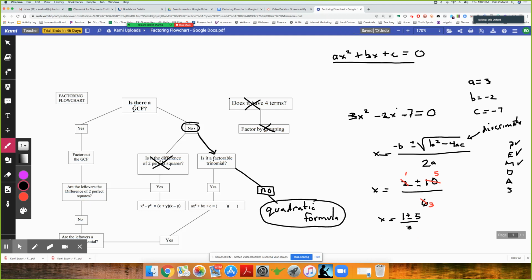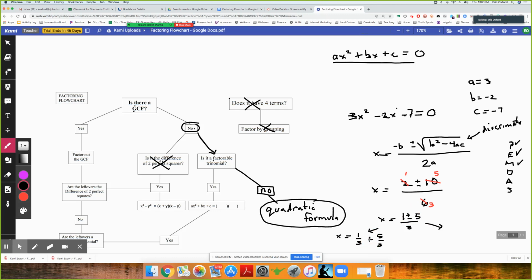So I would go 2 different directions with this. I would wind up with x equals, and now I've got 1 over 3 here. I would treat this as 1 over 3 plus, I'm going to just use plus here, plus 5 over 3. Okay, so I wind up with just addition over here. And then I could go the other way and show the other. The positive root I did over here.